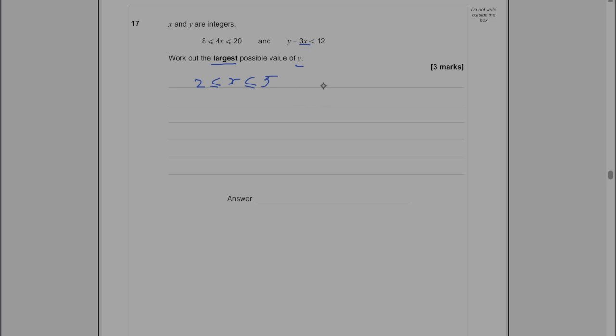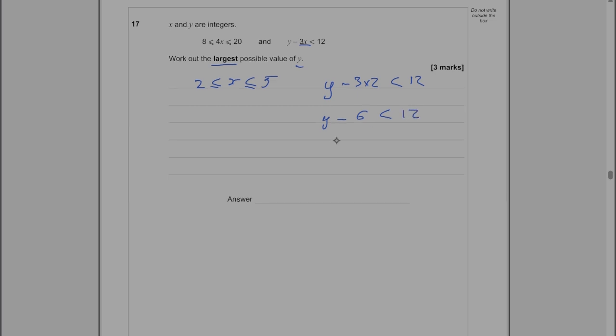So that means that y take away 3 times 2 has to be less than 12. So y minus 6 has to be less than 12. Add 6 to both sides, so y has to be less than 18, so 17.